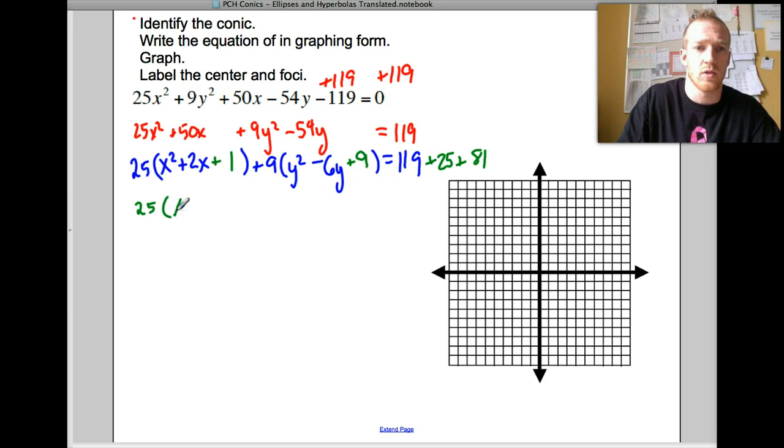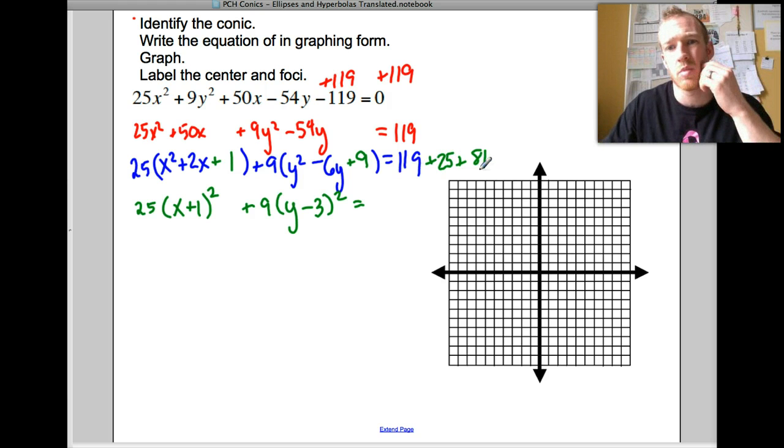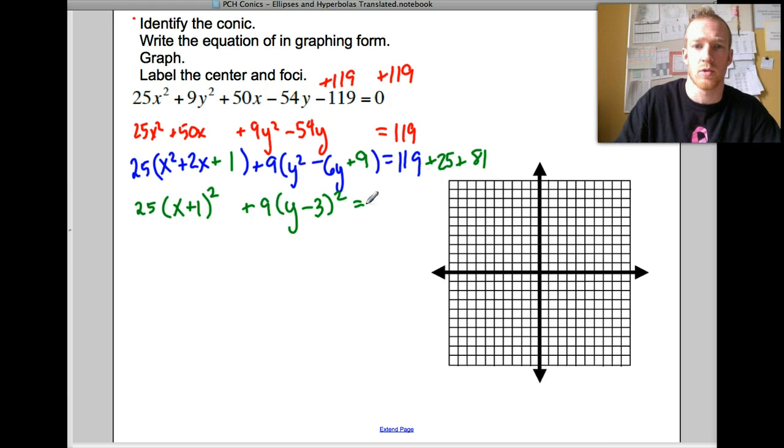This now factors. The whole reason I did that was to factor it into x plus 1 squared. Now it's starting to look like my generic formula. And then we have 9 times y minus 3 squared equals 119 plus 81, which is 200, so that equals 225.